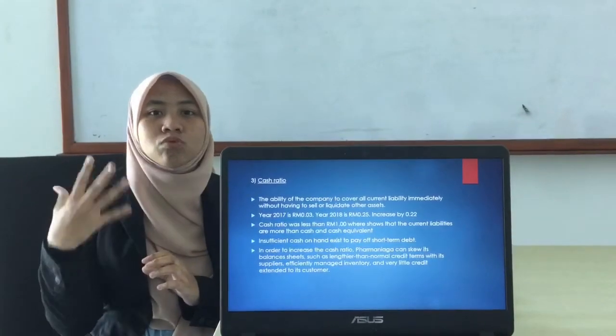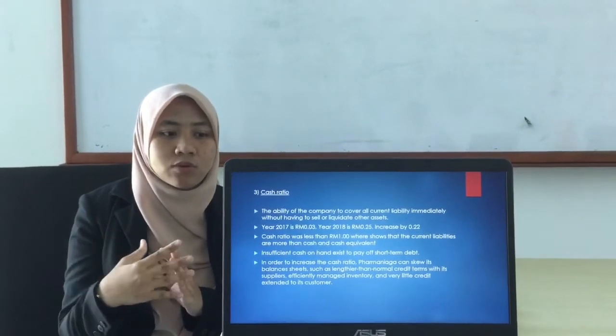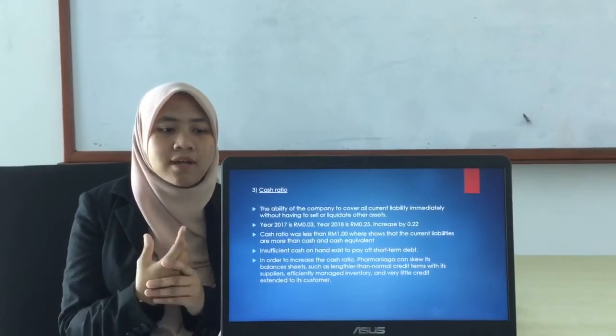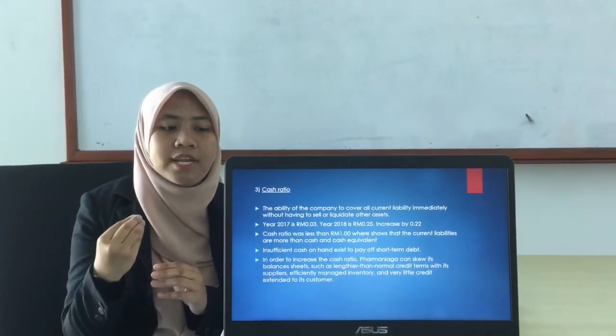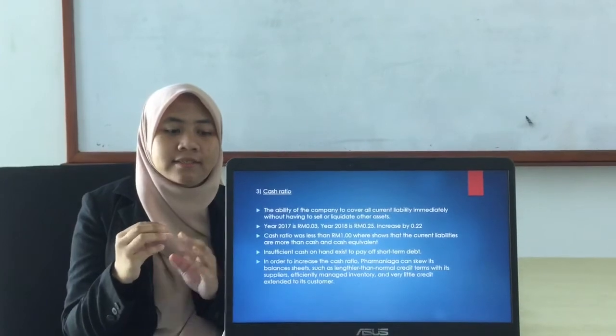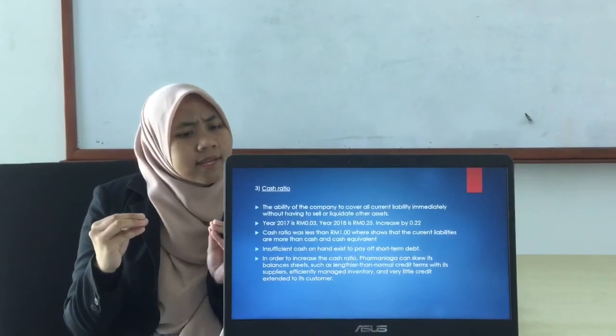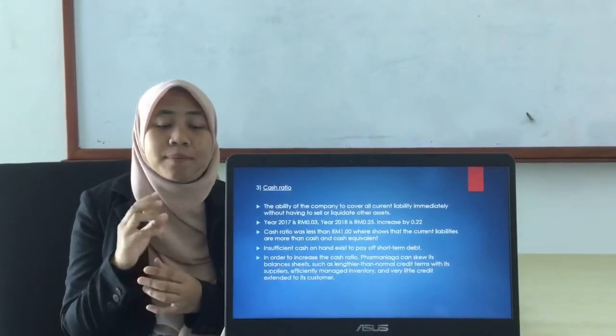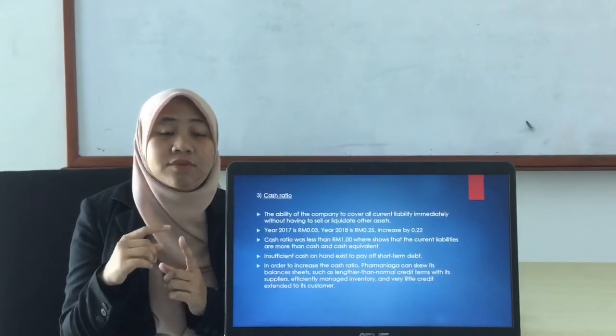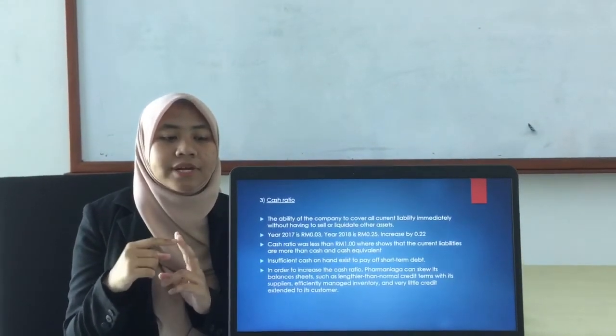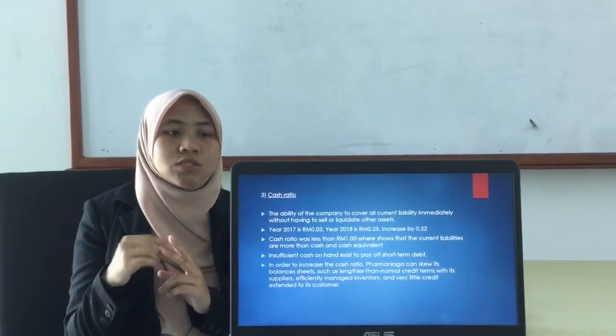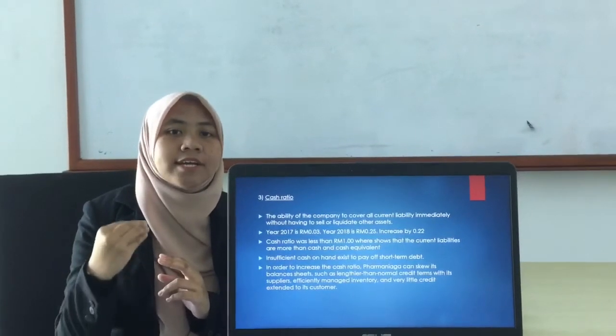In order to increase the cash ratio, as our recommendation, Pharmaniaga can skew its balance sheet, such as lengthening the payment period with its suppliers, efficiently managing inventory, and extending very little credit to its customers.